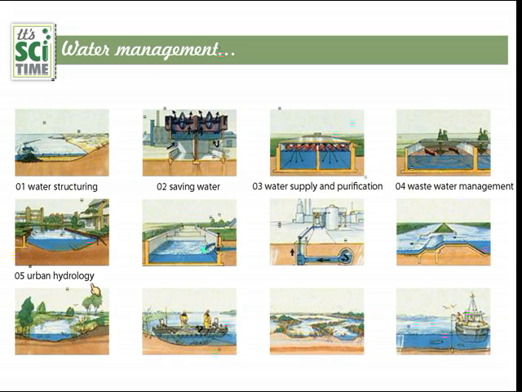Then urban hydrology. That means when supplying water or caring about the waterways running through the urban area or through the cities, we should pay more attention to manage that water without contaminating or polluting it. Urban hydrology.